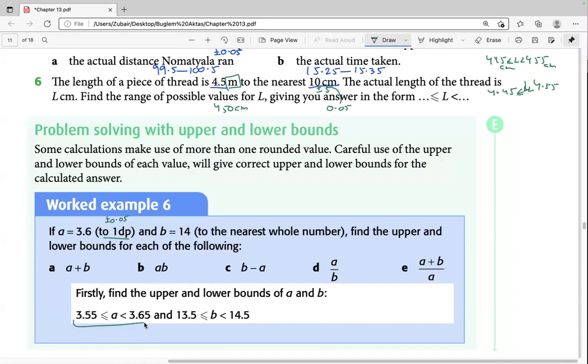And B is the nearest whole number, that means plus or minus 0.5. Now, for the upper bound of A plus B, the maximum value would be when we use both the upper values, and the lowest would be when we use both the lowest values.